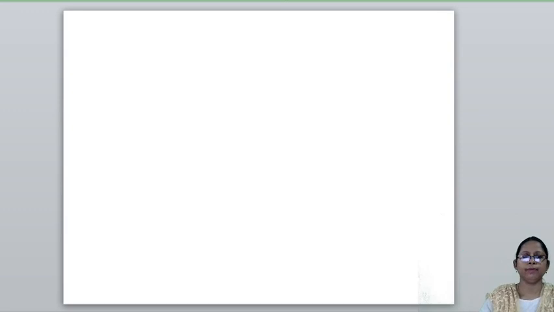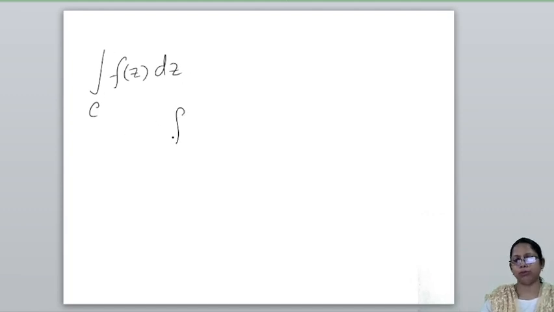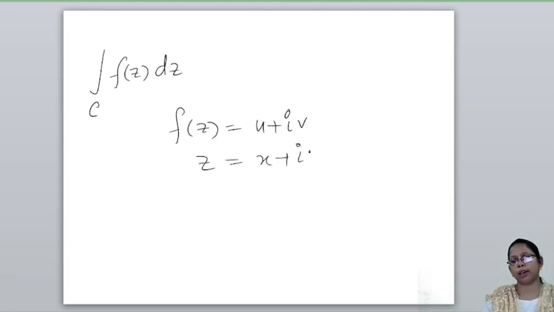Next, a complex integral over a curve can be reduced to integral of real valued functions. Suppose this is a complex integral of a complex valued function, integral over C of f(z) dz. Then we know that f(z) is equal to u plus iv and z equal to x plus iy.